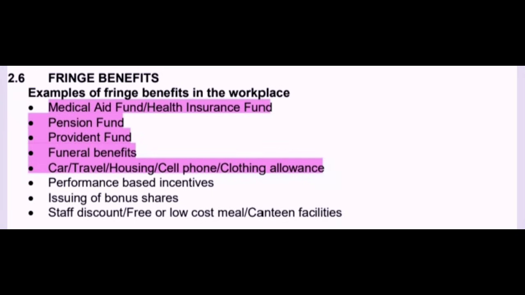Number 2, pension fund. Number 3, provident fund. Number 5, funeral benefits. Those are fringe benefits. Car allowance, clothing allowance. That's the fringe benefit, which is something that is not compulsory.